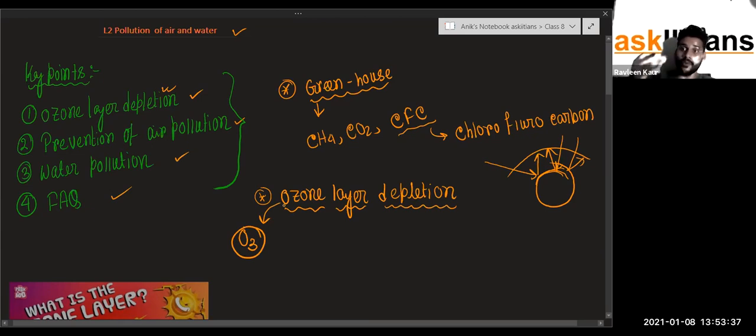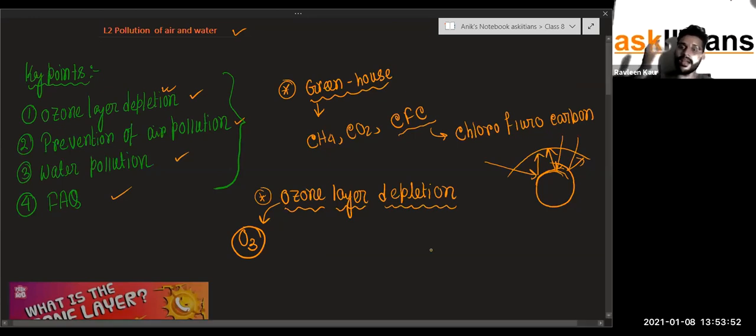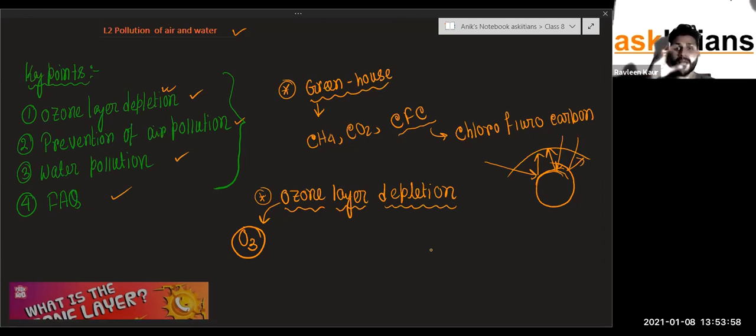Now, there is a layer of ozone over our head in the stratosphere. What is this ozone layer doing actually? The sun is giving us light, and that light consists of so many radiations. There are UV radiations, there are IR radiations, there are different types of radiation. Those are not good for our health.